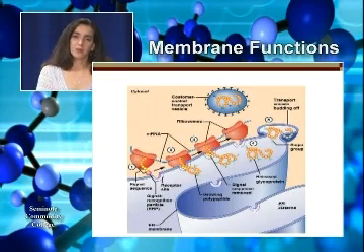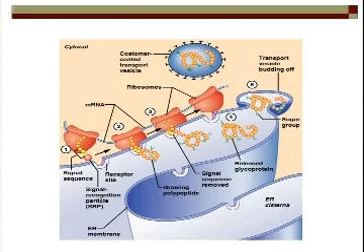As we look at the endoplasmic reticulum, we can see that it is a continuation of the membrane of the nucleus. That outer phospholipid bilayer of the nucleus creates the membrane of the endoplasmic reticulum. There are two components to our endoplasmic reticulum, the rough ER that has ribosomes bound to it, and what we call the smooth ER.